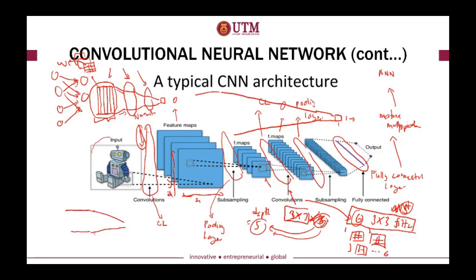inside the convolution layer. Remember that in your convolution layer, you will have the convolutional operation, and then after you get the output, you apply the activation function before you produce your O matrix.